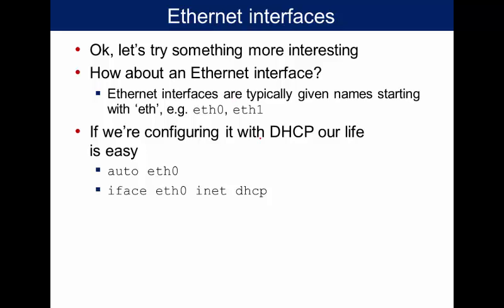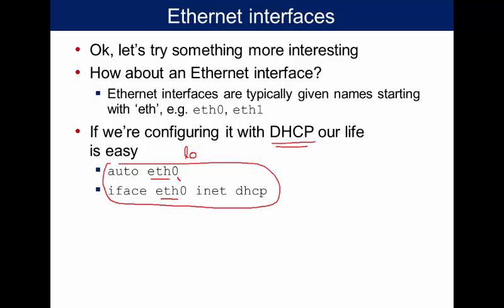So if you want to let it go outside, then you need something other than loopback. For example, if you want to set up DHCP, then instead of loopback lo, you need to say eth, Ethernet.